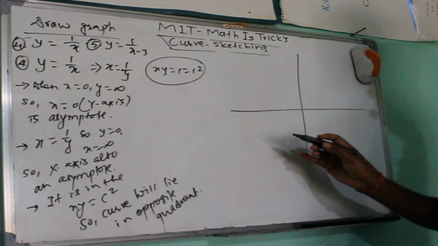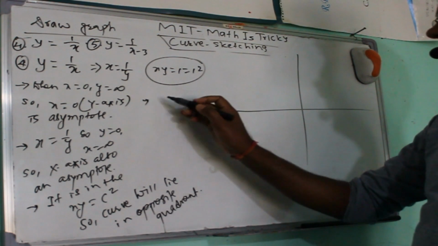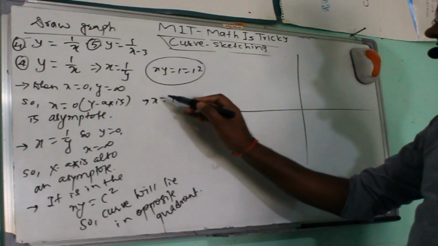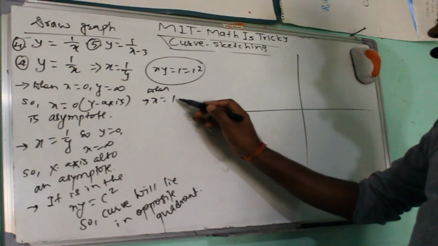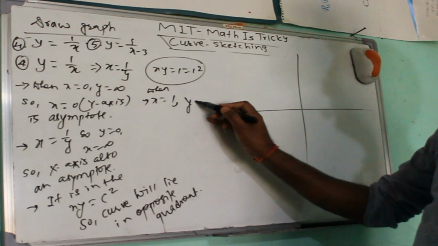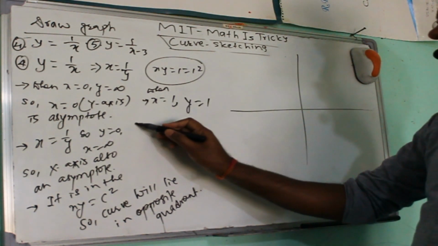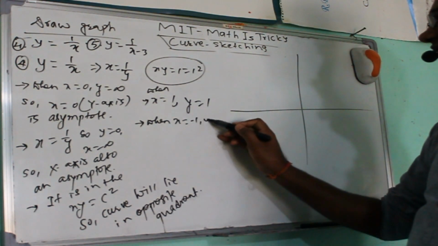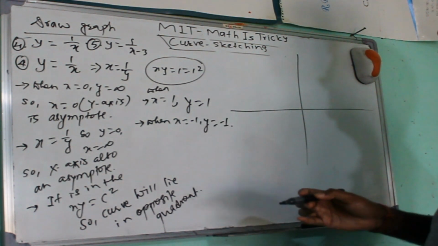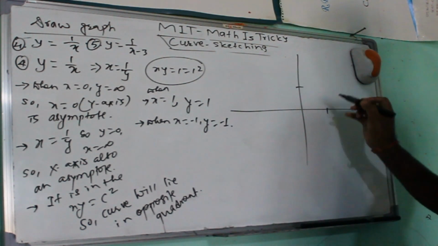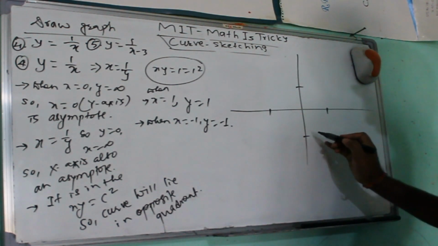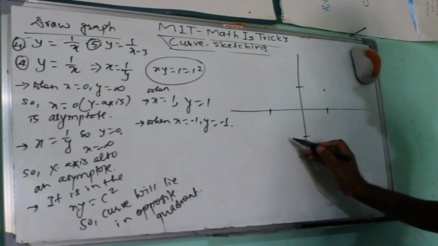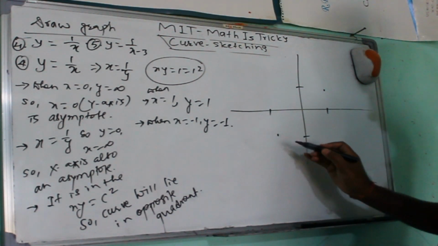The x-axis is an asymptote. Also, one more point, let me take here. When x equals 1, what do we get here? x equals 1, we get y equals 1. Then x equals minus 1, y equals minus 1. So 1 comma 1 and minus 1 comma minus 1 are the passing points, isn't it?